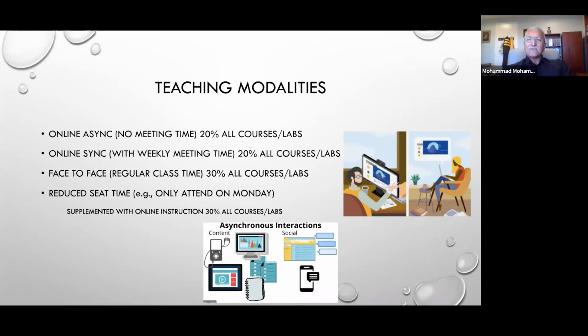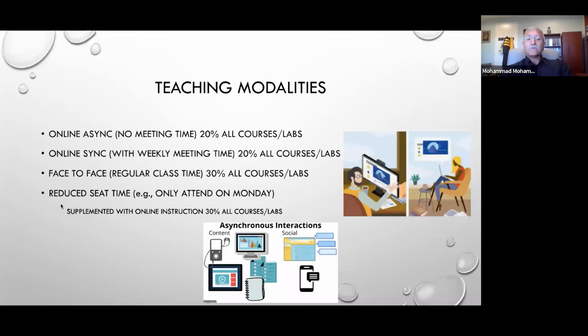So for reduced seat classes, we're not articulating exactly when students have to be in class. That's the responsibility of faculty, because what we discovered was there are instances where faculty wanted students to be in class, but they didn't need them all to be in class at the same time. So some of the students may come on Monday, and some of them may come on Wednesday, and some of them may come on Friday.